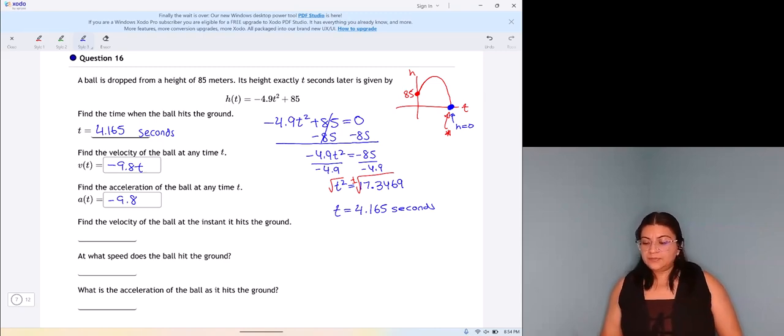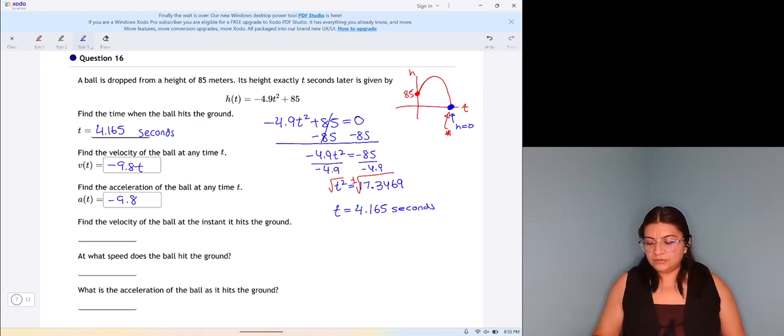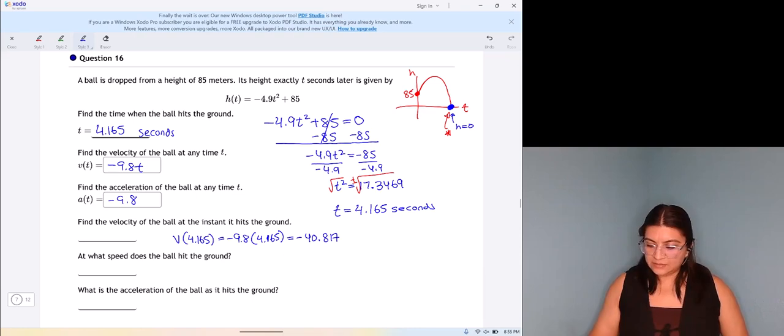Find the velocity of the ball at the instant it hits the ground. So we need to look for the velocity at 4.165 seconds. So just plug it into the velocity function, and that gives us negative 40.817 meters per second.